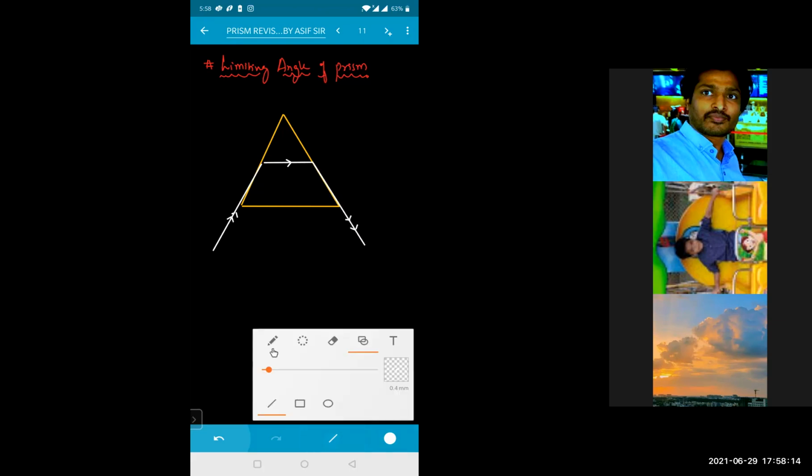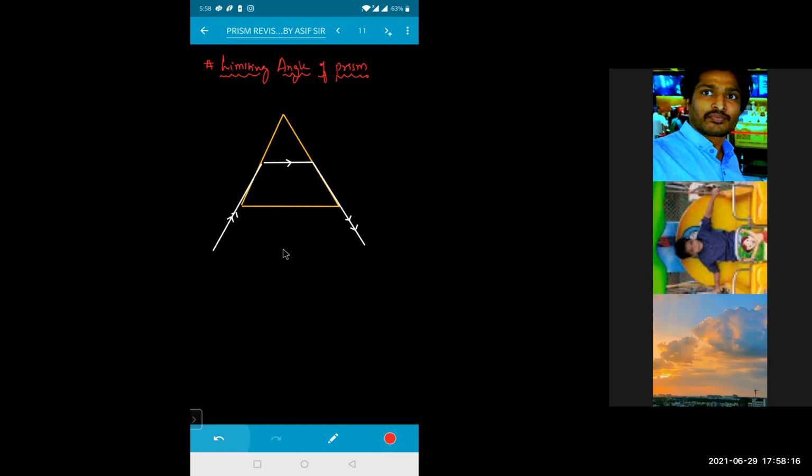What do you mean by this one? This will be the angle of incidence here. This will be the normal. So here the incidence is grazing, I1 will become 90 degrees. So this will be equal to R1. Again, this will be the normal. This will be equal to I2. I2 is again 90 degrees, and this one will be equal to R2.